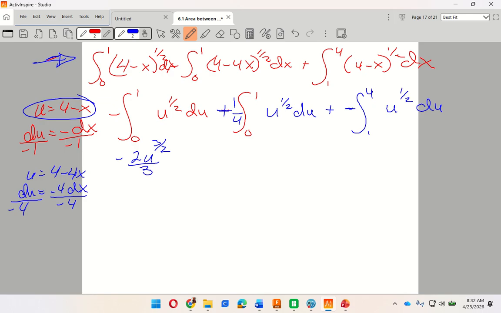You show your work to get to there, you get full points, and you get the answer after you plug it in the calculator correctly. And I'll show the calculator here in a minute anyway, too. All right, so negative, and that's from 0 to 1.